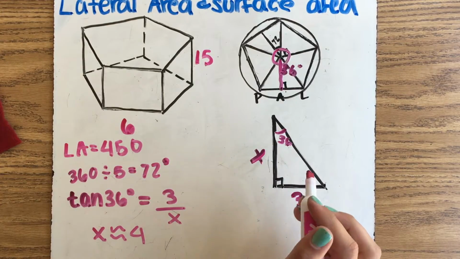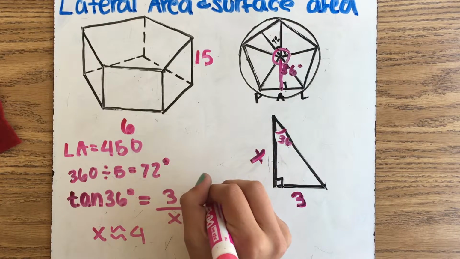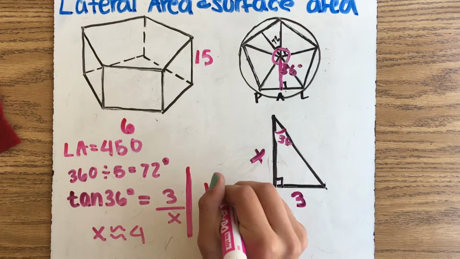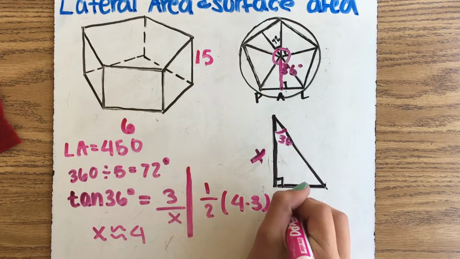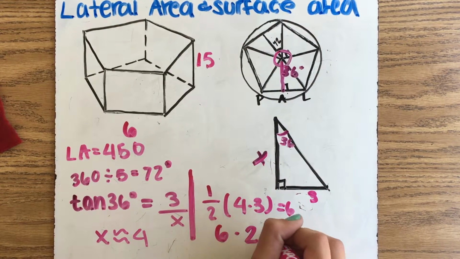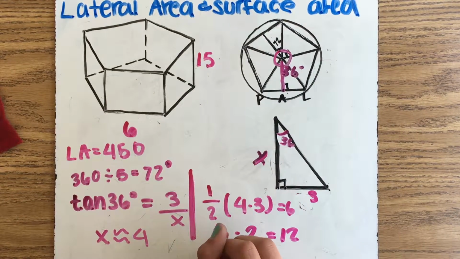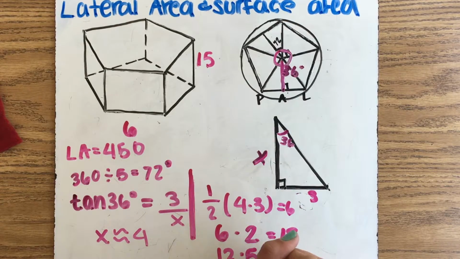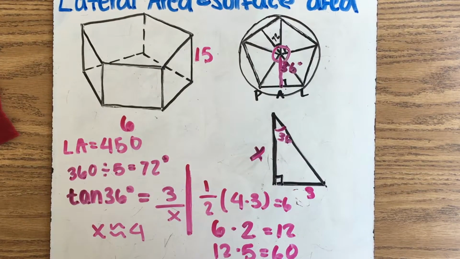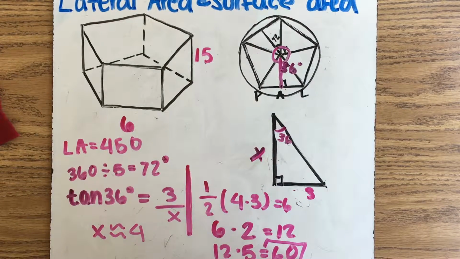And to find the area of this triangle, you would do 1/2 times 4. Then you'd multiply 6 by 2 to get 12, and 12 times 5 to get 60. So the area would be equal to 60.